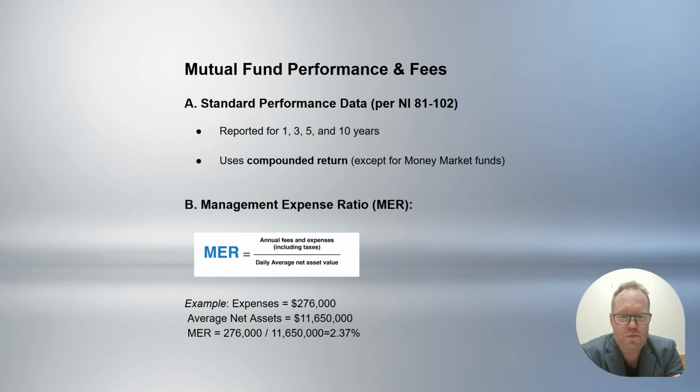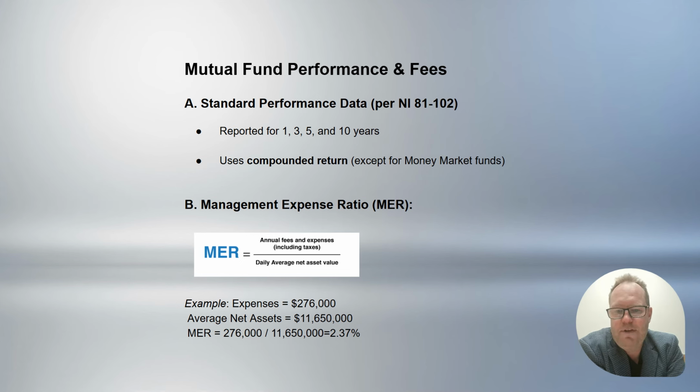When calculating the return, we have to do it on a compounded basis, except for money market funds, which are almost a cash position. Because of National Instrument 81-102, we have certain standards and ways of reporting return. It means we have to report 1, 3, 5, and 10-year returns, as well as use a compound return formula. That has to do with performance.